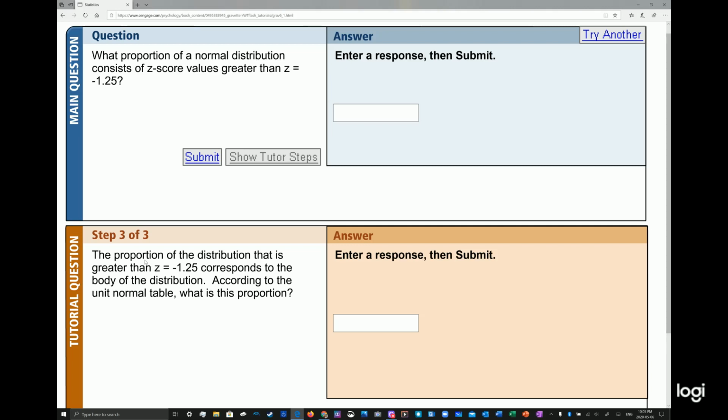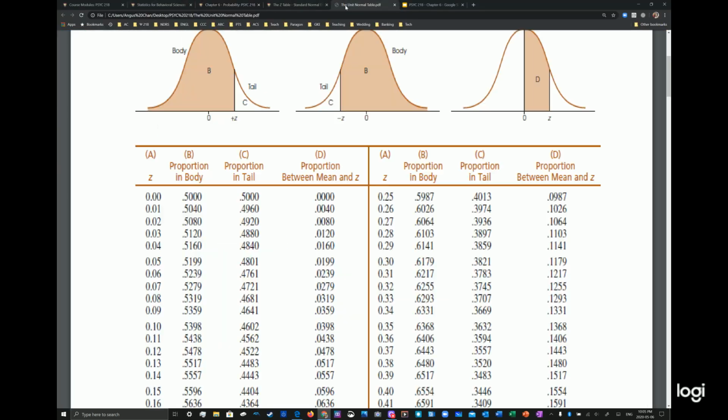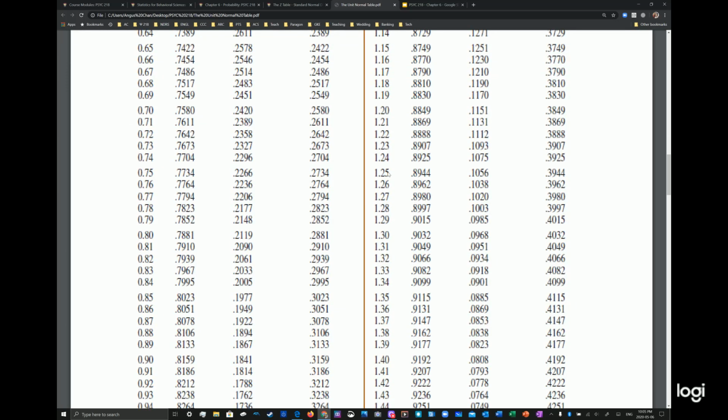So next question, step 3 of 3. Well, I know it's going to be the body portion of the z. And so if I go back to my unit normal table and go to 1.25, okay, I need to look at the body, and that is 0.8944.